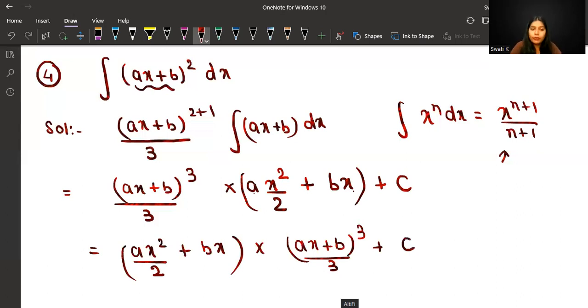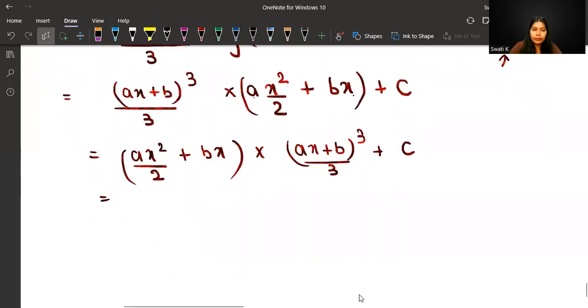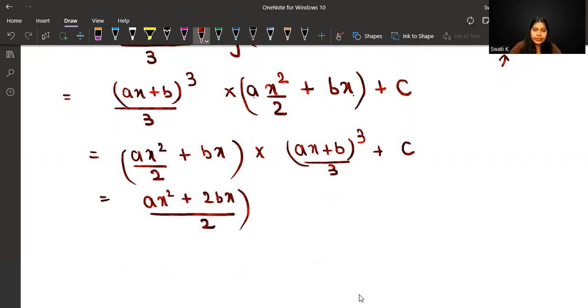Now if you want to simplify this, you can take the LCM here. So this will become ax square plus 2bx upon 2, times ax plus b whole cube upon 3, and then plus c. So this is the answer for the fourth question.